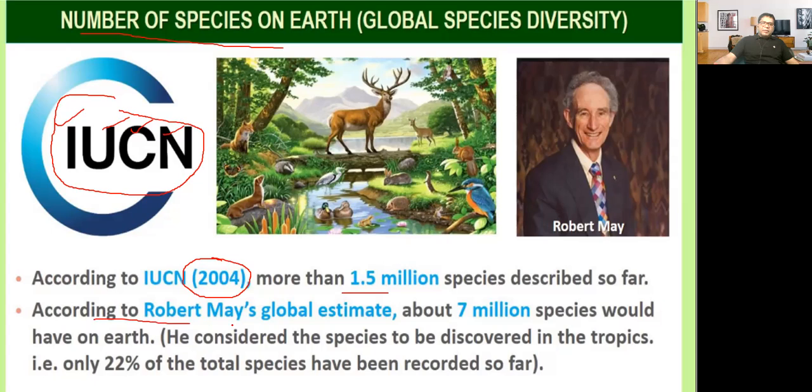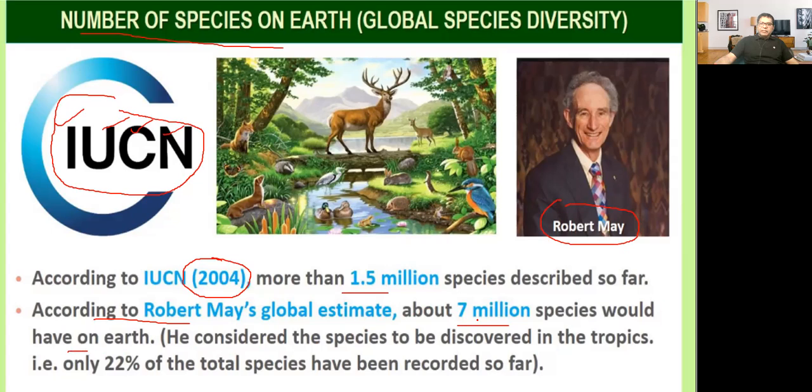According to Robert May's global estimate, about 7 million species may exist on Earth.